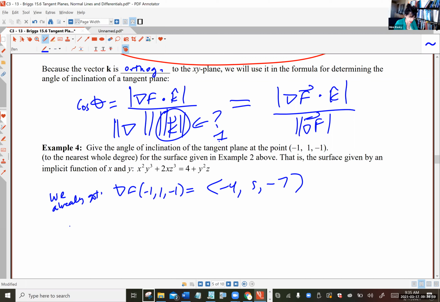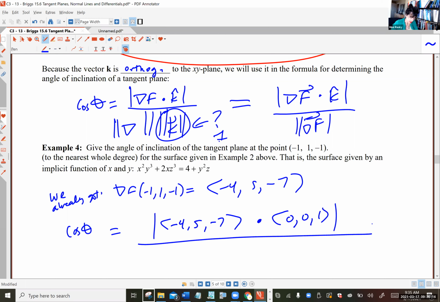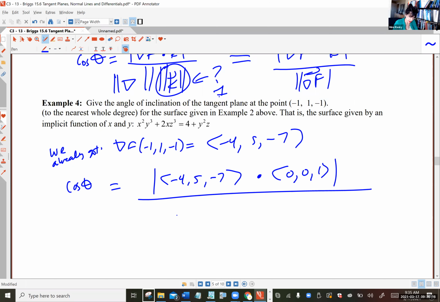So the cosine of the angle, the angle with the horizontal, is the absolute value of this gradient dot 0, 0, 1, which is pretty easy, divided by the magnitude of this gradient. The numerator is simply the absolute value of -7, which is 7.